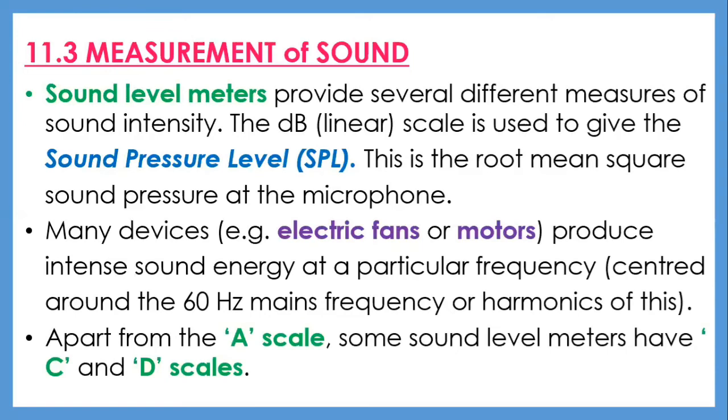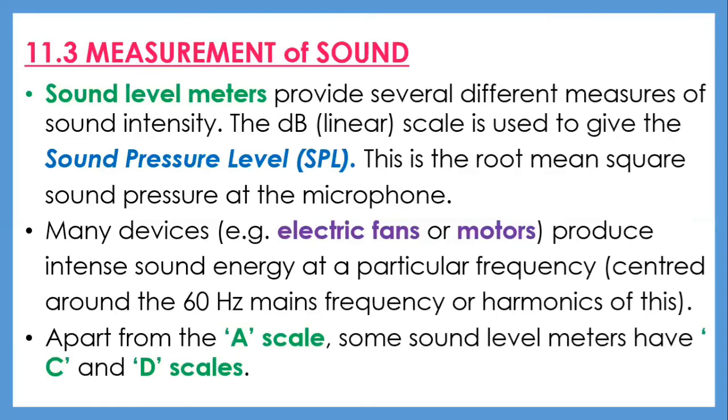And finally, apart from the A scale, some sound level meters have C and D scales. These specialized scales are used to evaluate noise containing intense pure tone components such as noise from jet engines.